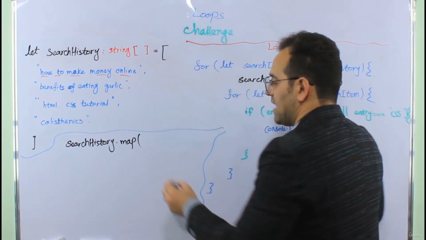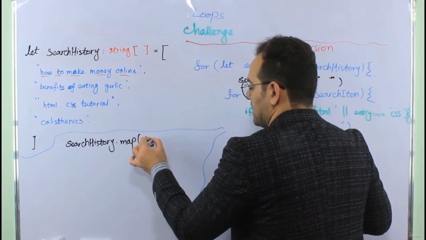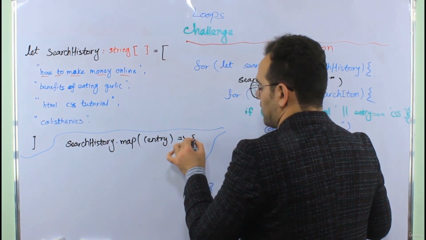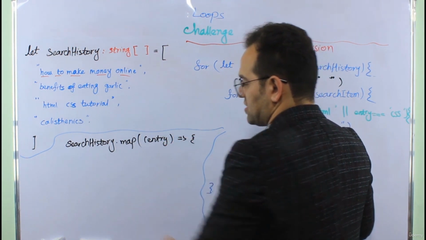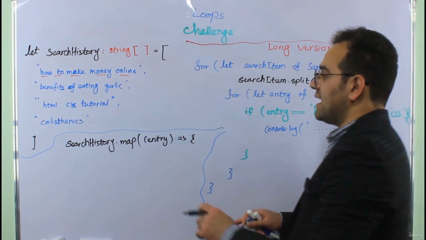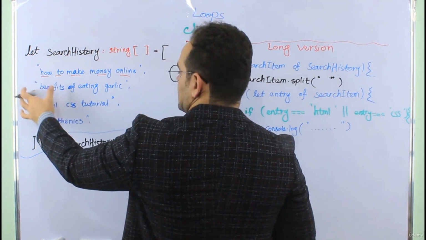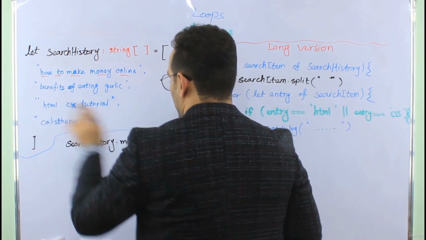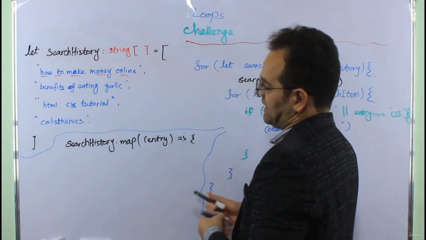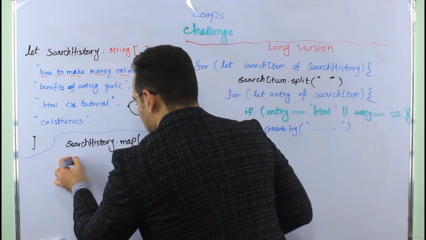So I'm going to say map, and then we are going to grab an entry. Let's use the arrow functions, and I'm going to close it down below. Now, for every entry, what is it that we want to do? Every entry is going to give me these four. So I'm going to say if the entry includes HTML and CSS, then we're going to do our magic.